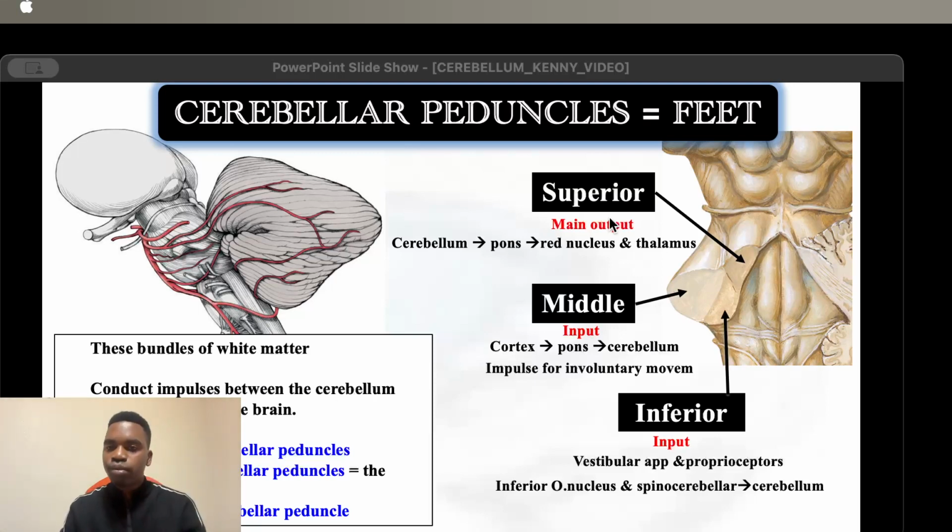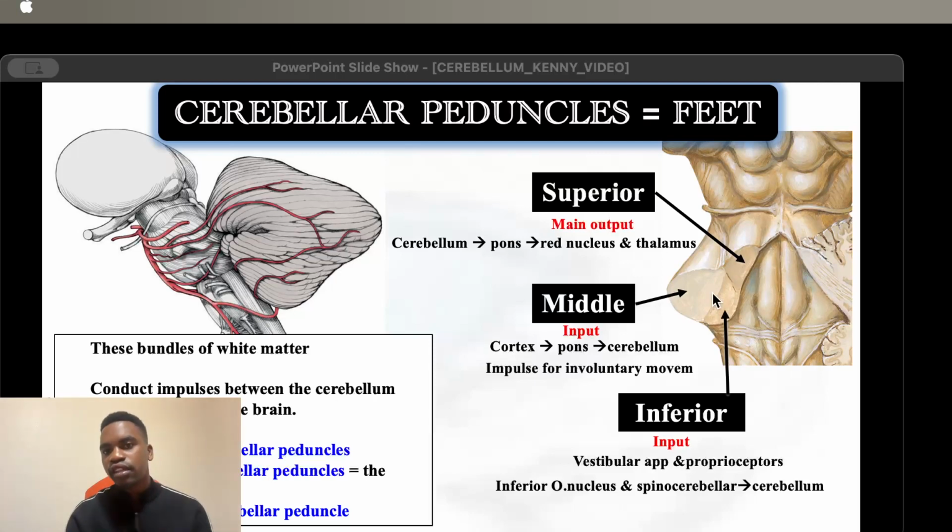So you use the superior cerebellar peduncle if you want to move away from the cerebellum. Moving out of the cerebellum, you will always require the superior cerebellar peduncle. But this information will come from the cerebellum through the pons. Now you can see this is the region of the pons.